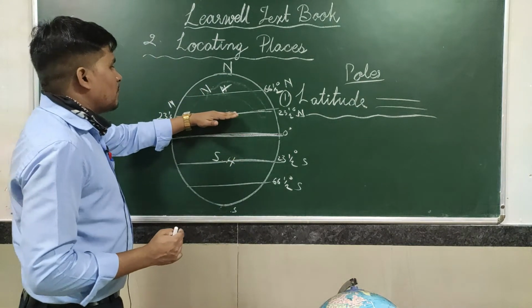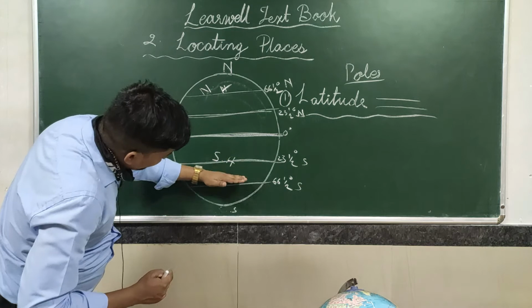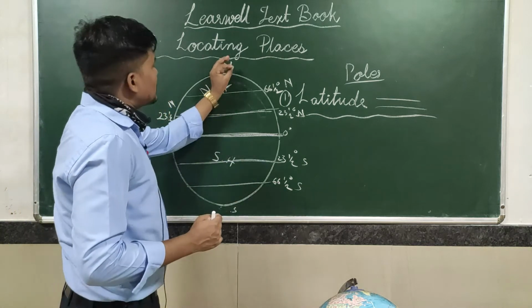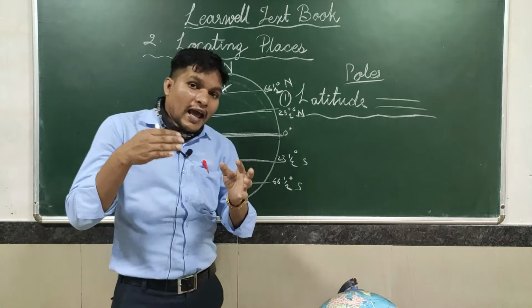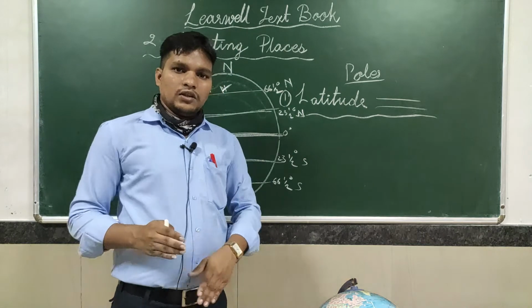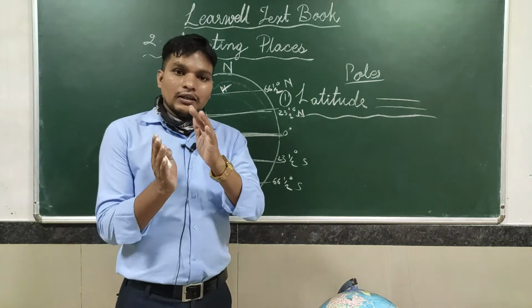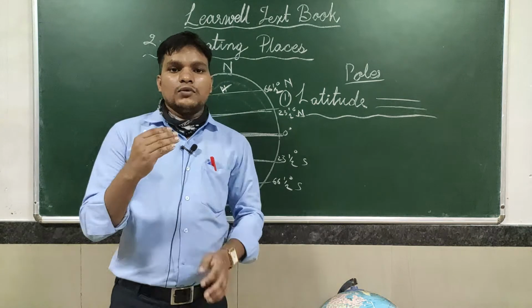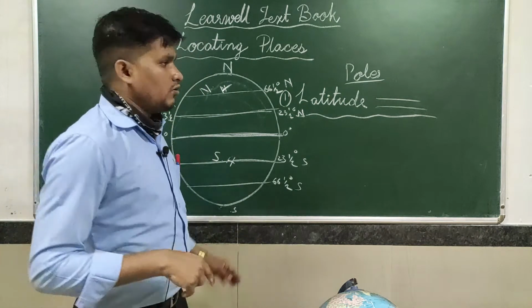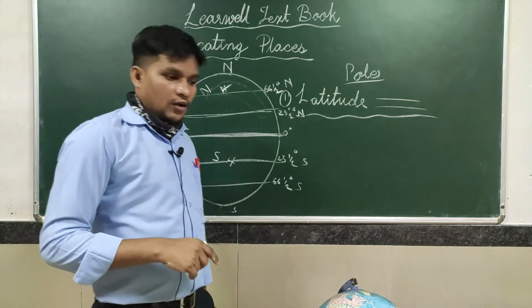Here big, here small, smaller and smaller. So towards north and towards south, it is gradually decreasing. The latitude size decreases towards both poles, the North Pole and the South Pole.